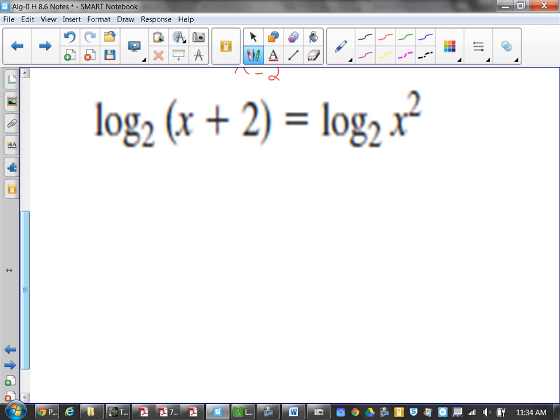I just look at... Wait, do you just look at x plus 2 equals x squared? Yeah. And then you get... Oh, man, I hate how it always ends up going back to... Wait. X and -2.